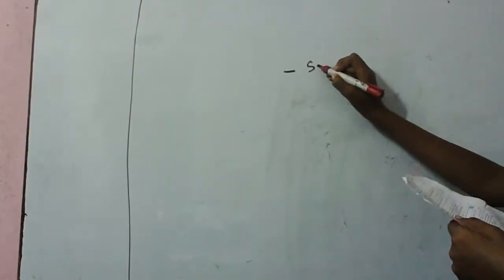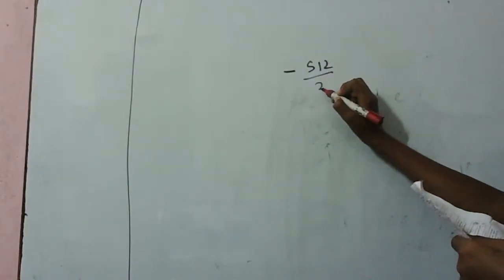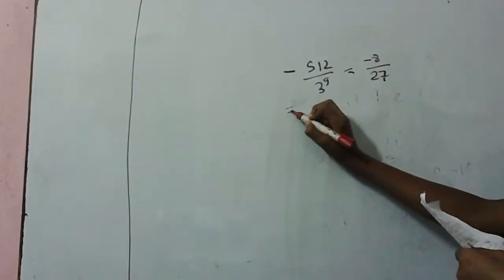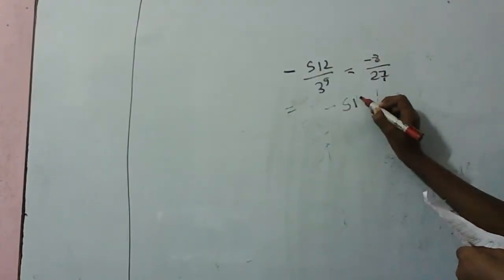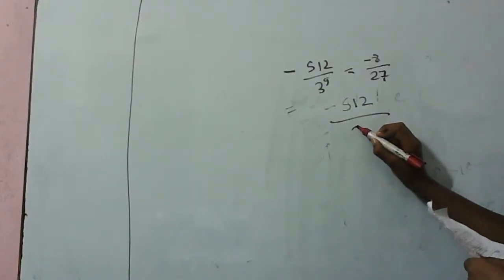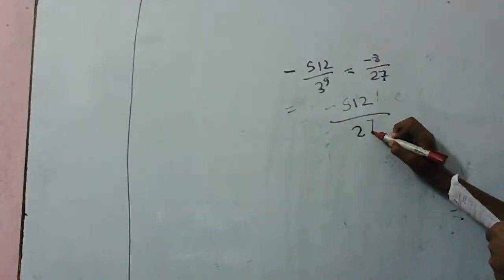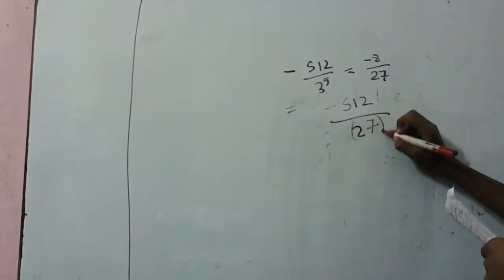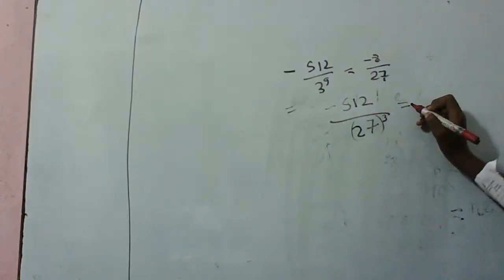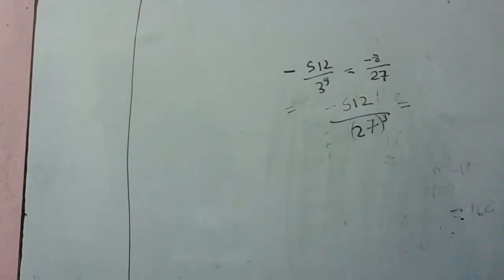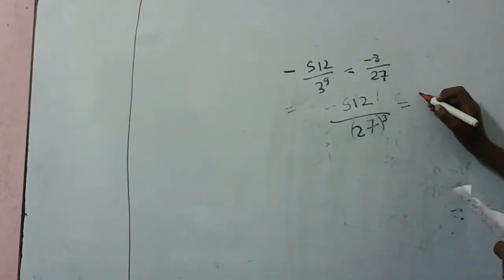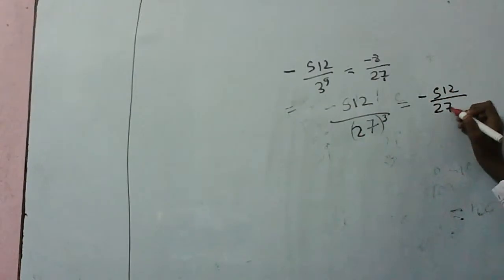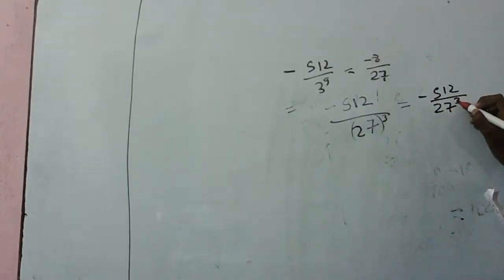Given minus 512 by 3 to the power 9 equals minus 512 by 27 cube.